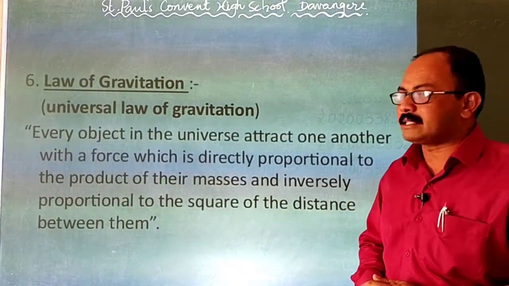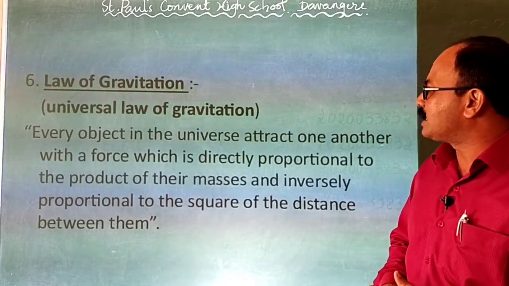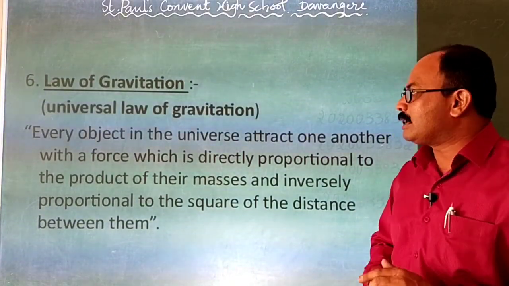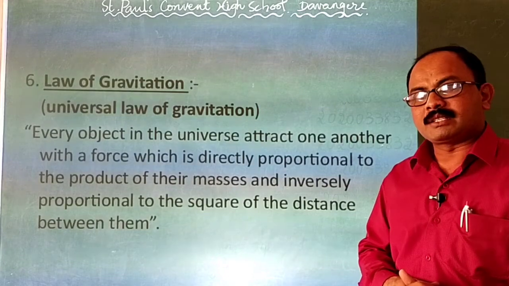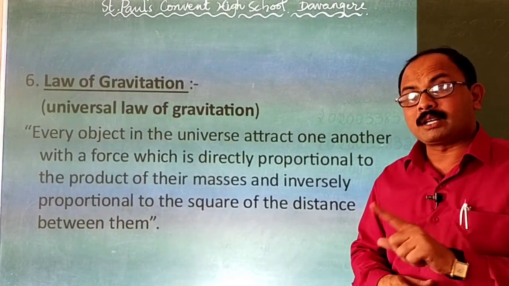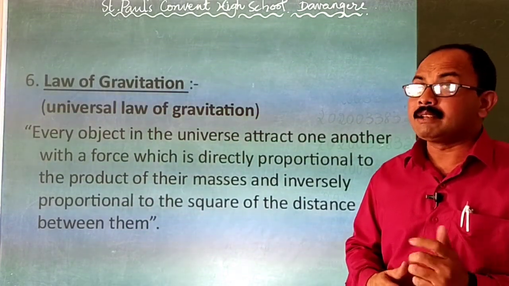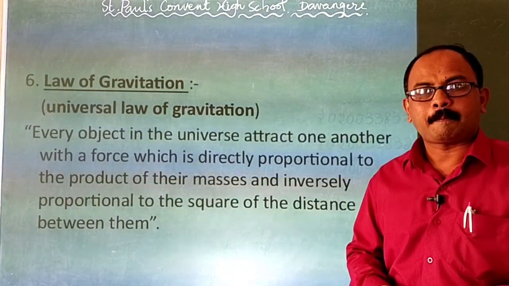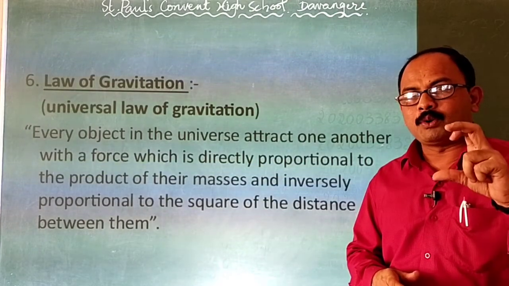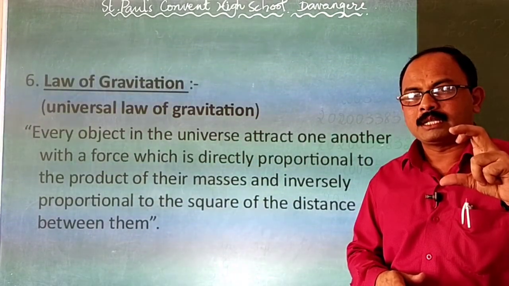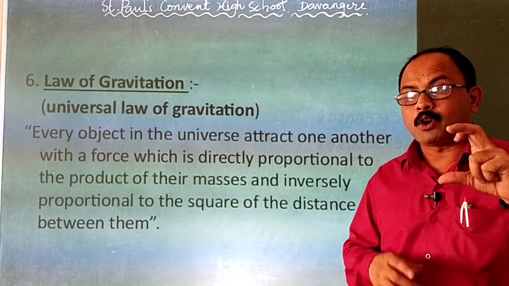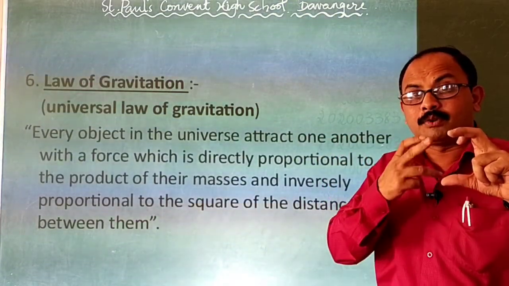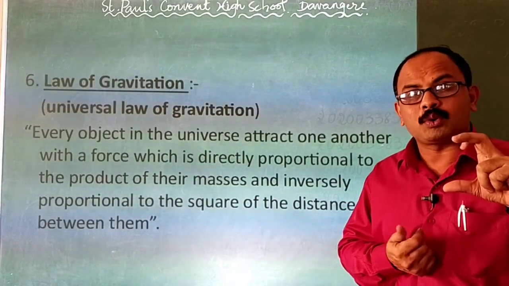This law states that every object in the universe attracts one another with a force which is directly proportional to the product of their masses and inversely proportional to the square of the distance between them. If the masses are more, the force of attraction between them becomes more.